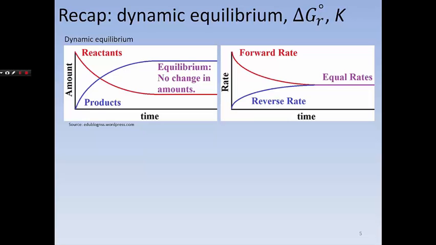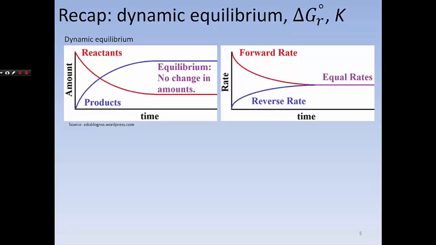Before we dive directly into today's topic, let's recap what we have learned about Gibbs free energy, dynamic equilibrium, and equilibrium constant. We now know that the equilibrium constant means a state of balance. The concentration of reactants and products do not change over time once equilibrium has been established.